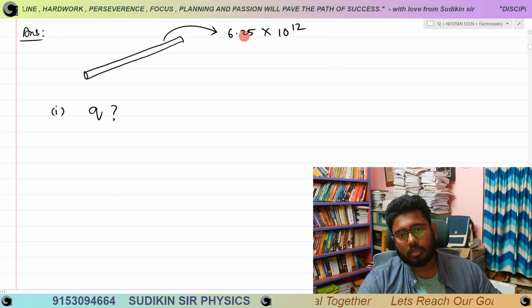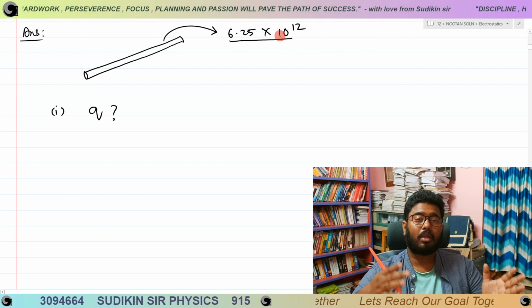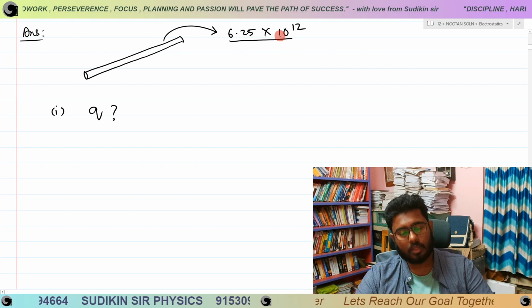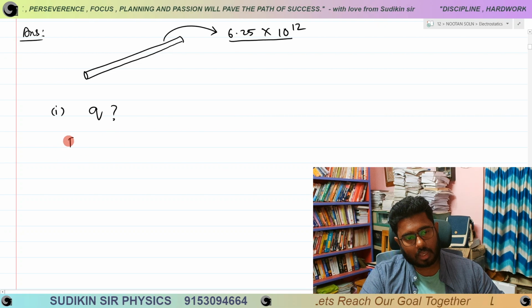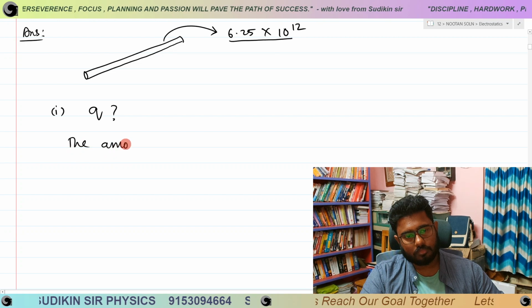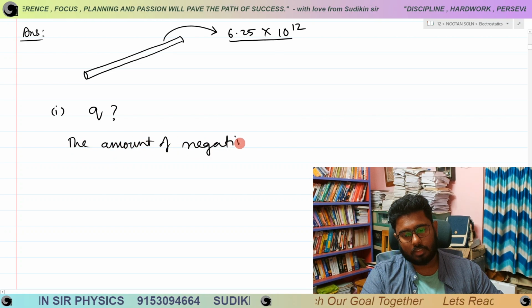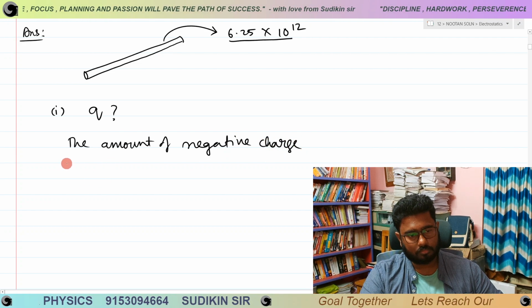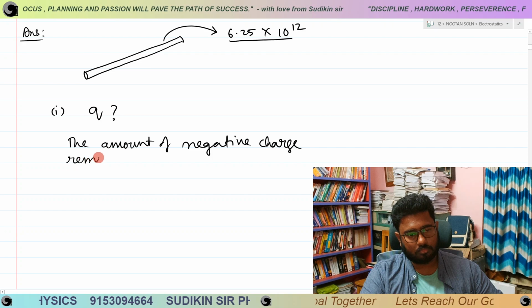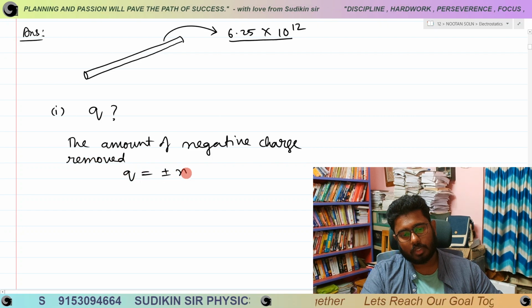So when you are removing this much amount of electrons, that means you are removing this much amount of negative charge. The amount of negative charge removed is Q equals plus minus Ne, right?